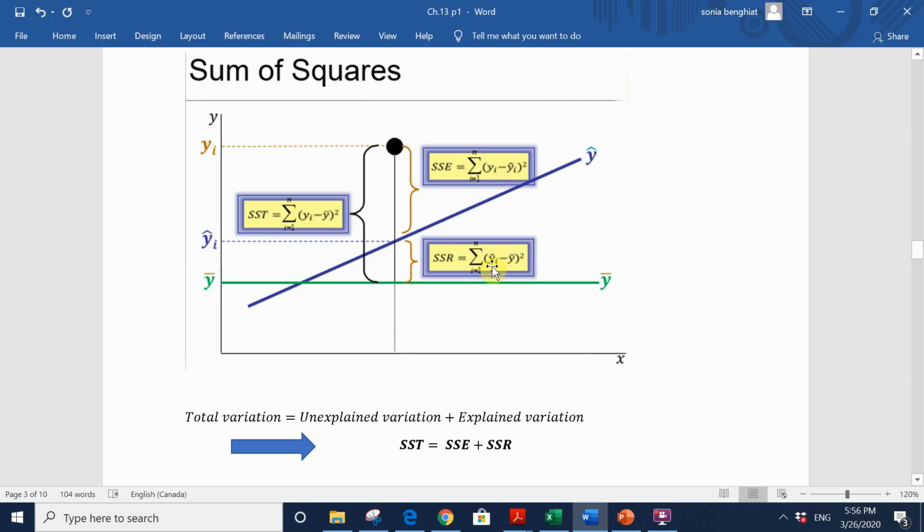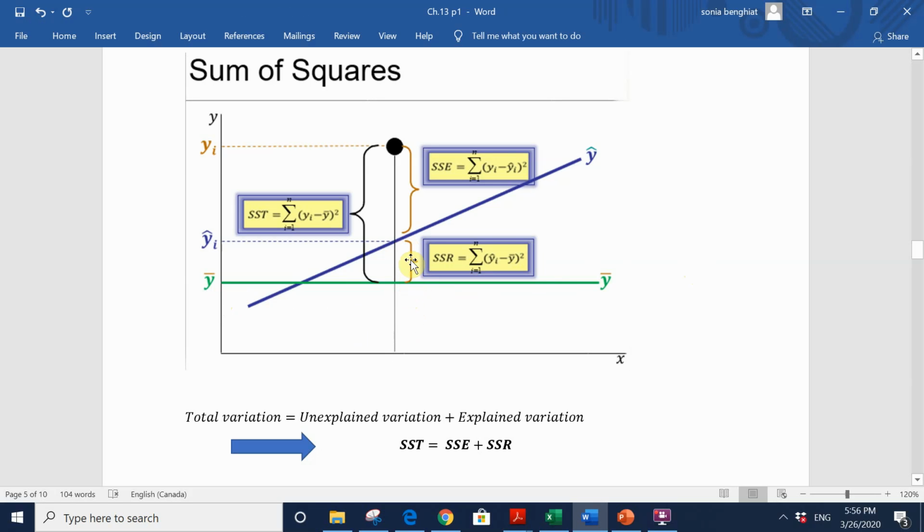So I'm looking at the deviation between my expected y i hat for a given x value minus the benchmark value of y at that same x value. Now we know that this Y bar value will be the same for all x values. That is what this benchmark model is all about.